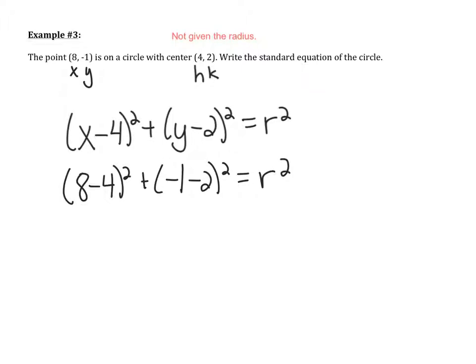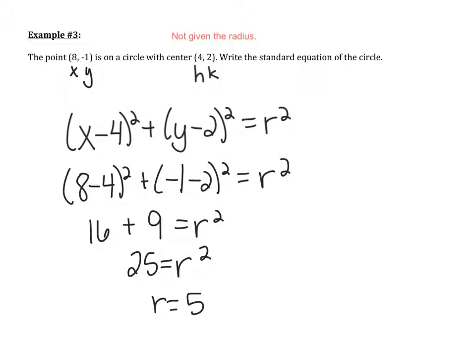So 8 minus 4 is 4, 4 squared is 16, plus negative 1 minus 2 is negative 3 squared is 9, and again that's equal to r squared. 16 plus 9 is 25, so r squared is 25, which means that r is 5. However, for our equation, we just really need what r squared is equal to because that's what the standard form of the equation is.